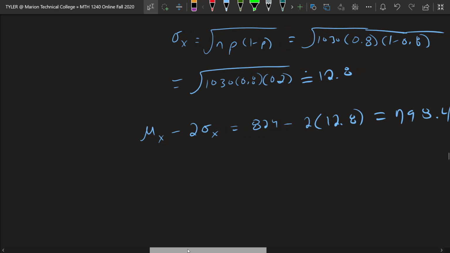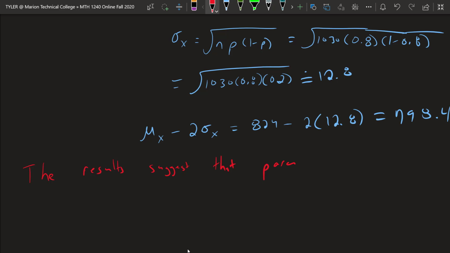Right? So we could say that the results suggest that parents' attitudes have changed, since 781 is less than the mean minus 2 standard deviations, which was 798.4.